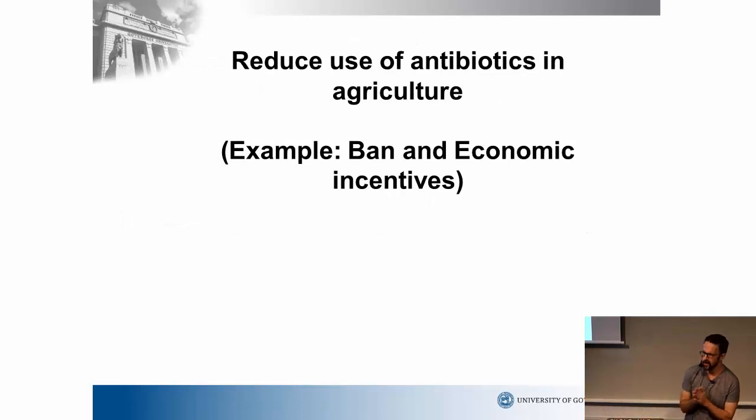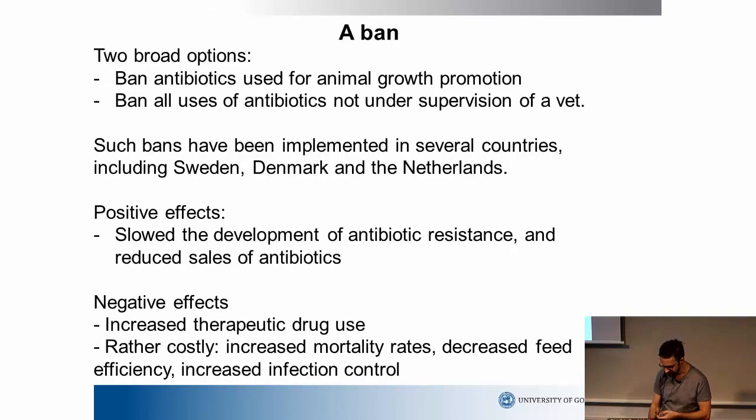Reduce the use of antibiotics in agriculture. Okay? That was one of the other big areas. I'll exemplify this with bans and economic incentives. So if you look at the ban, we could see two broad policies that actually have been implemented in a number of countries.